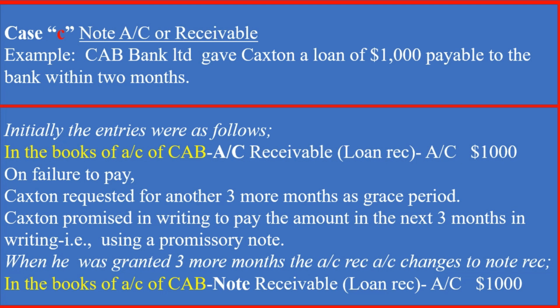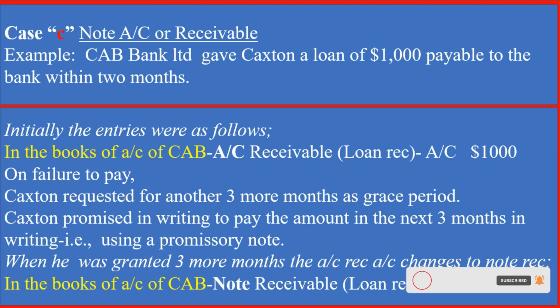All right. But then the question is, where does the note payable, note receivable account come from? This arises, for example, when the client has failed to pay. So in this case, on failure to pay, Caxton goes ahead and requests another 3 months grace period to clear this debt.